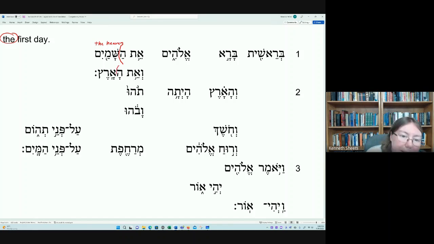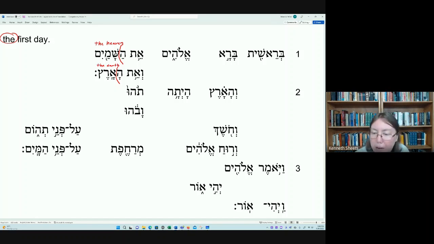That looks like that is another article, and that is in fact what it is. Again, hey with the pathak followed by a Dagesh forte, but the Dagesh forte would have gone inside of the aleph, which is a guttural, and so the guttural rejects the Dagesh forte, and the preceding vowel lengthens. So the earth.